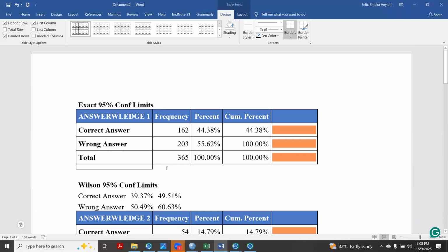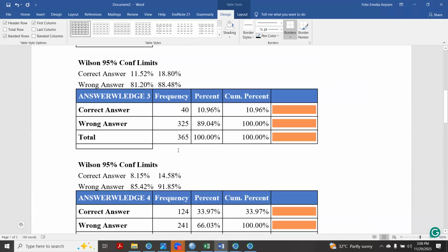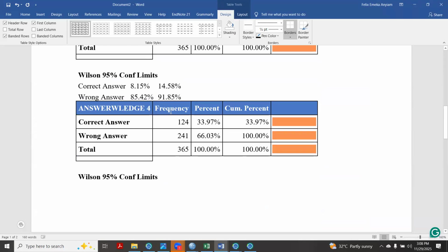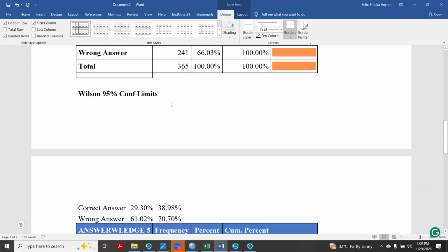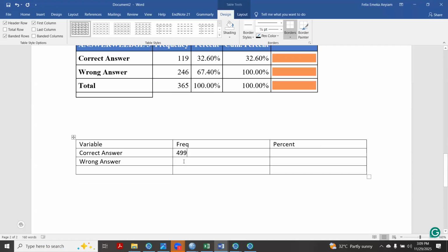203 plus 311 plus 325 plus 241 plus 246. That gives you a total of 1326.